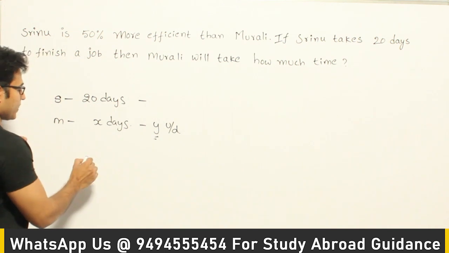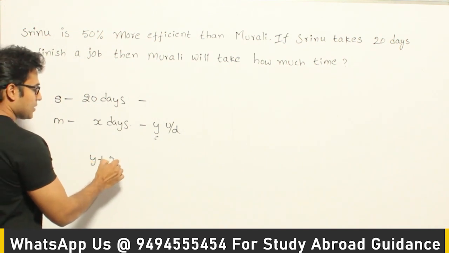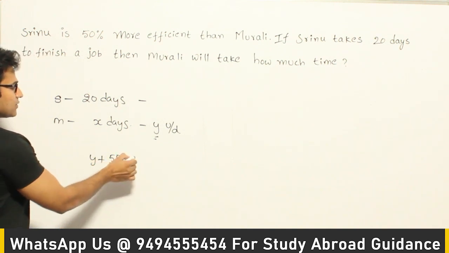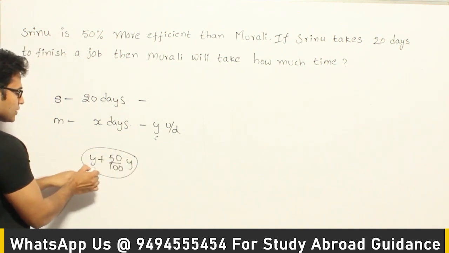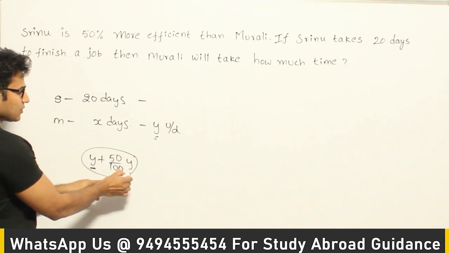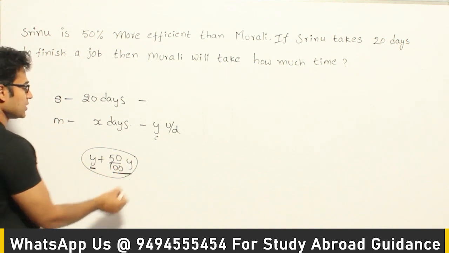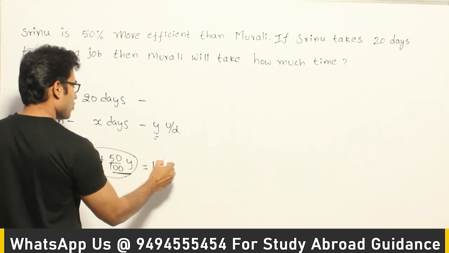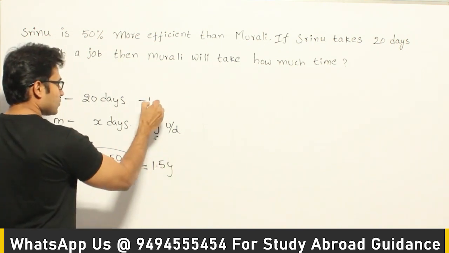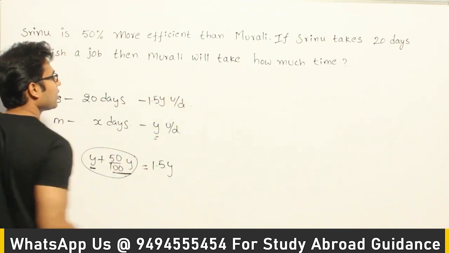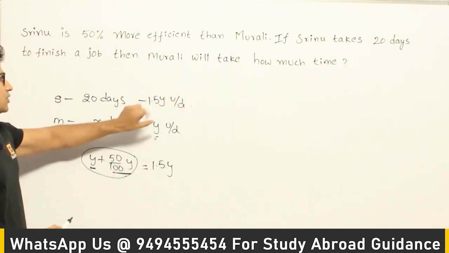So Y plus 50 by 100 into Y should be Srinu's speed. That is why if Murali's speed is Y, then Srinu's speed will be 1.5 into Y units per day. Got it? Fine. Now this is what we got.